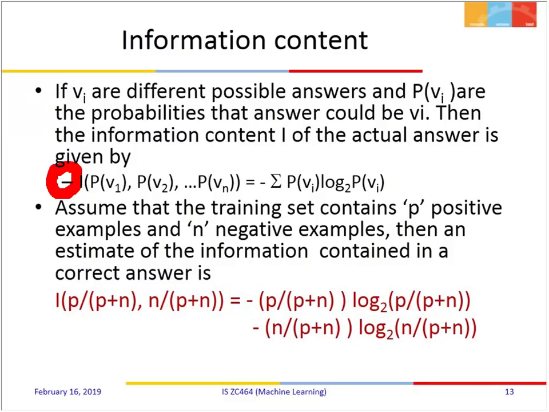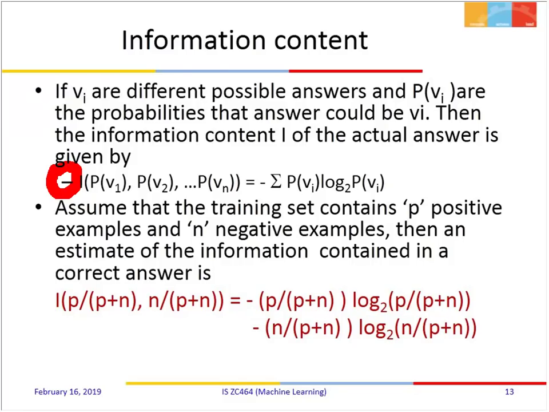If P is the total number of positive examples and N is the total number of negative examples, then P/(P+N) is that probability. You know that it is the number of favorable chances divided by the total number of chances, or total number of events. So these are the two probabilities, considering it as a binary classification.